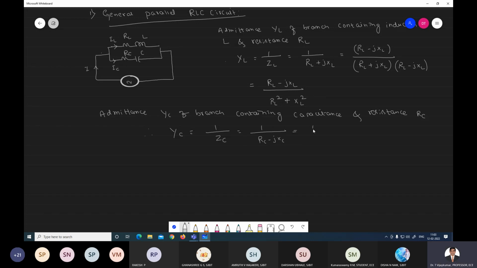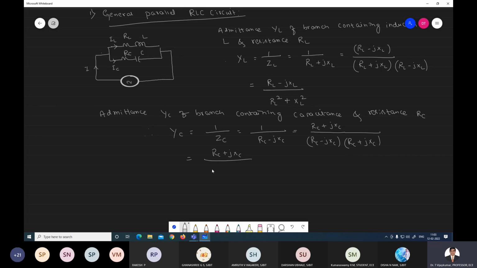Rationalize this term: RC plus jXC divided by RC minus jXC into RC plus jXC. Simplify this. Again it is in the form of A plus B into A minus B, that is A square minus B square.